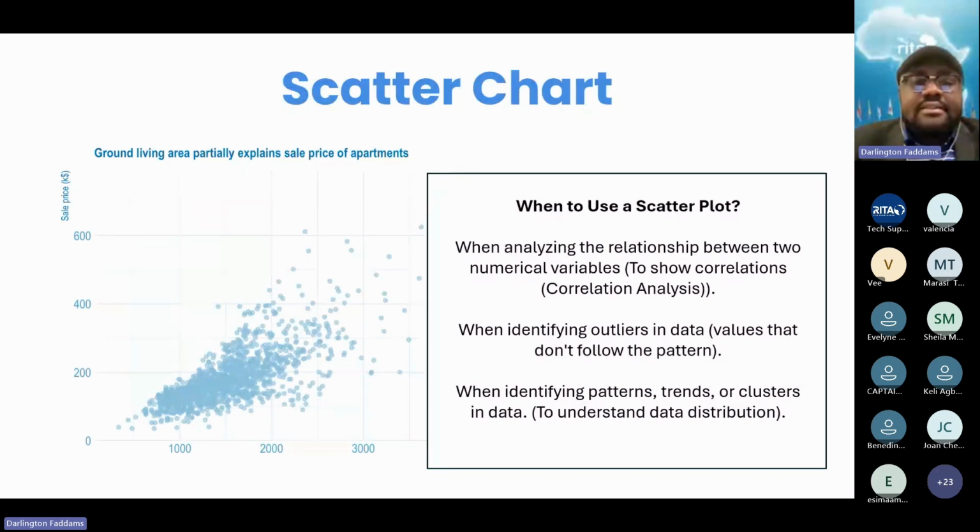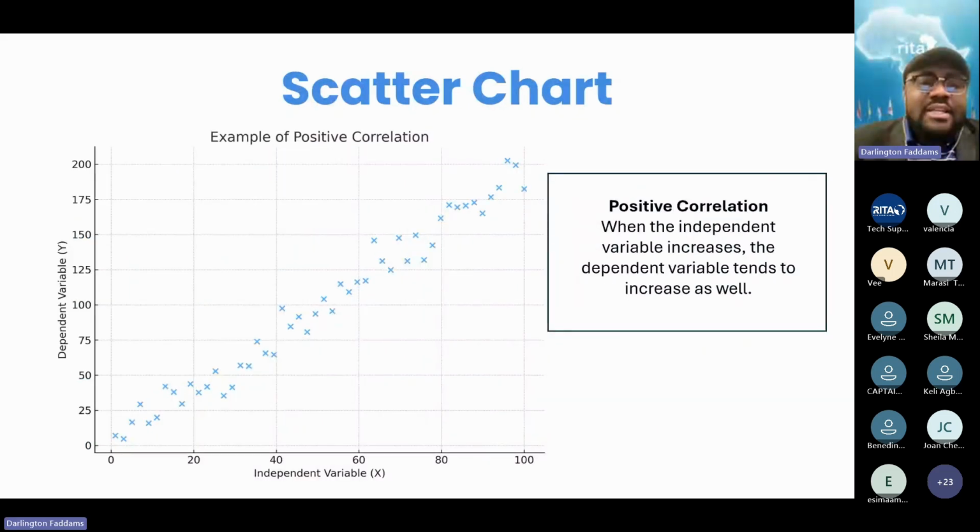Now look at this and tell me if this particular chart represents a positive correlation. I brought this example here for you to understand what is meant by positive correlation. As a data analyst, you report a positive correlation when you can see an upward trend. This is what that means.